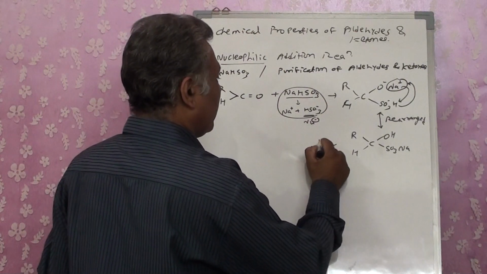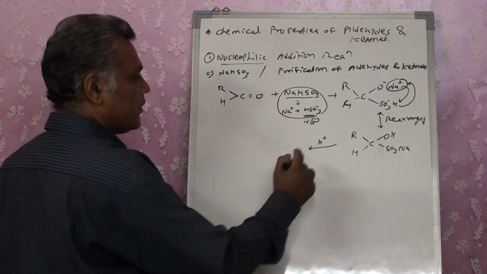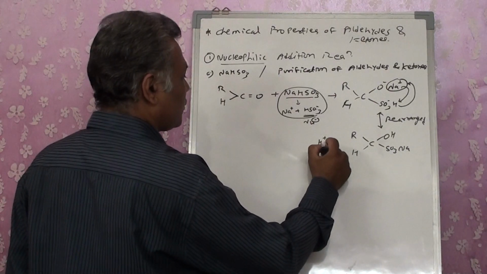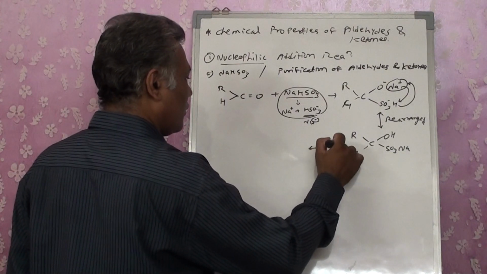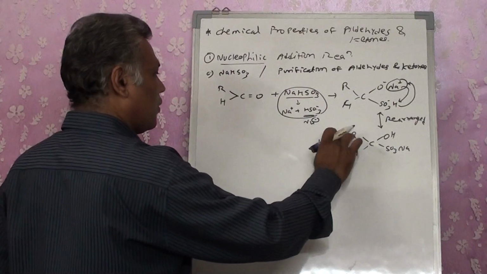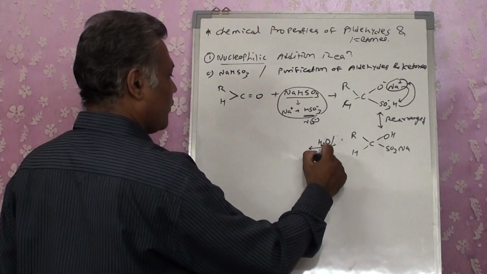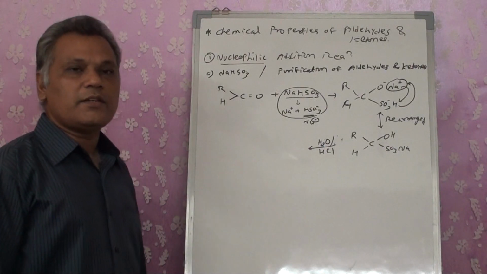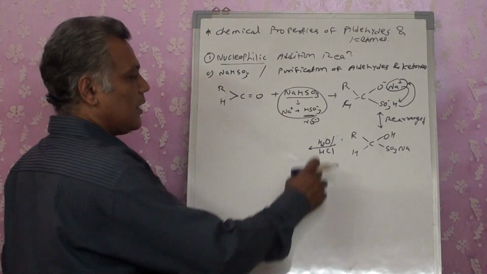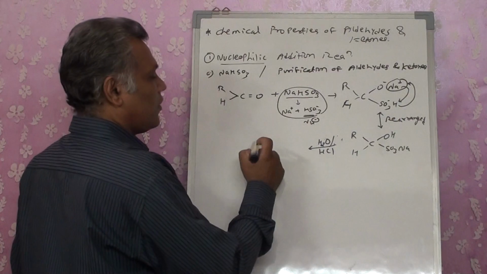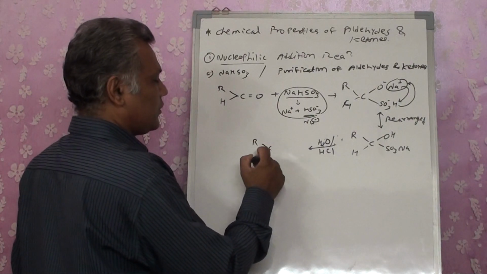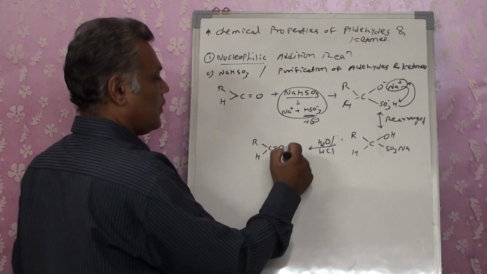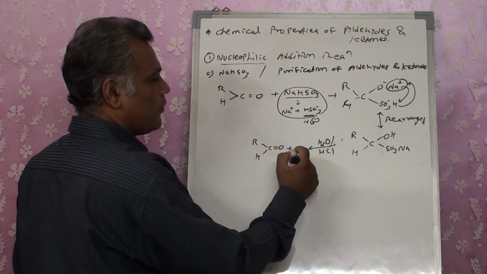Now on acidification, that means on hydrolysis, H2O in presence of H plus, or we'll take HCl itself. Either you can write HCl, HNO3 or H2SO4, whichever acid you have. On reaction, the aldehyde is obtained back.